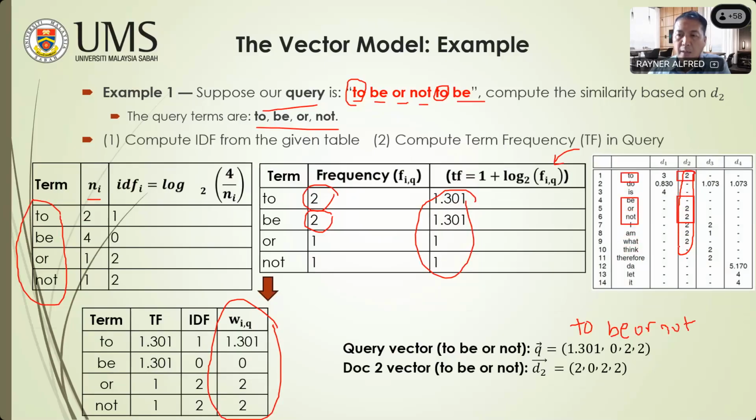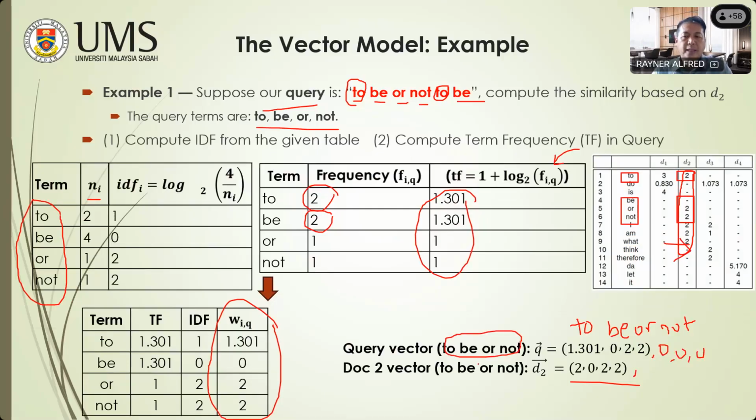For that reason we will take only 'to be or not' in document 2, so you have that value. Remember that the dimensions of vector Q and vector document 2 must be the same. So you must take whichever is matching and complete. You could also take all of this, but the Q must also have 0, 0, 0 if you decide to take this. So always remember you only count the ones that matter here.